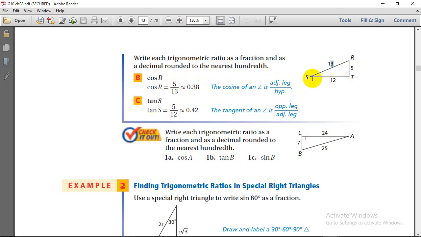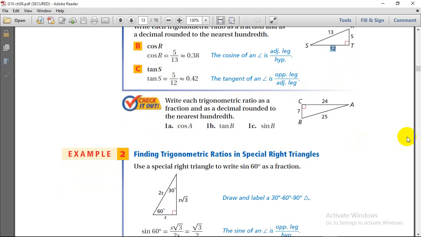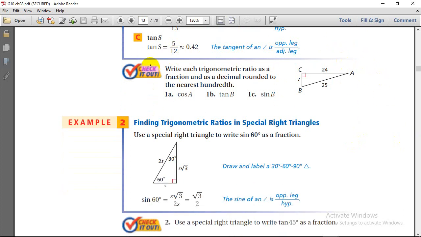Tan of S will be opposite over adjacent. What's opposite? It's 5. Adjacent is 12, so it's 5 over 12. Very good. Try to solve this by yourself and tell me what you did.